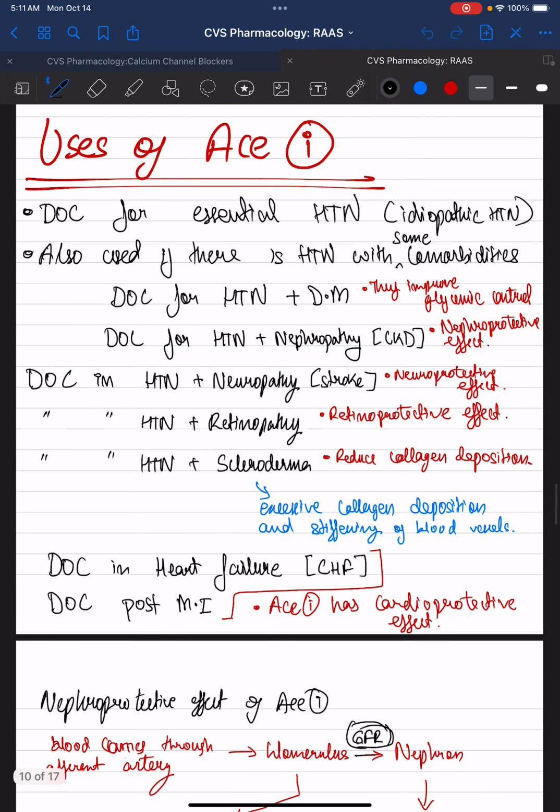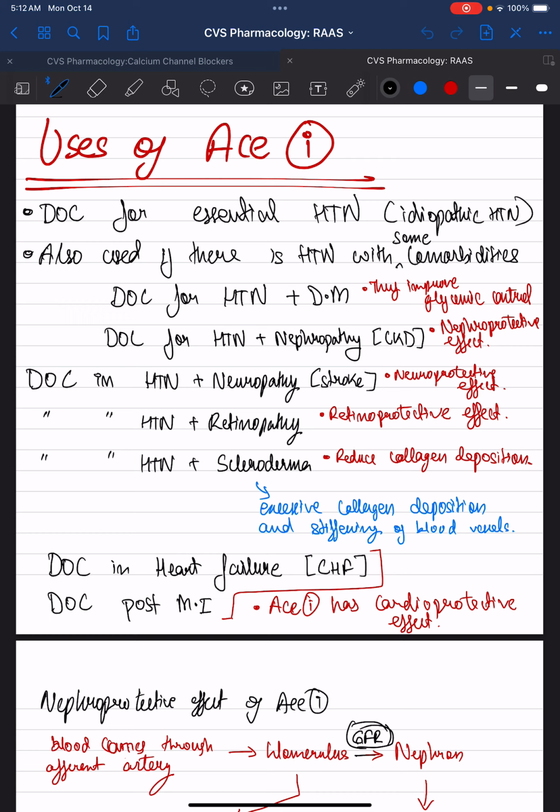So, what are the uses of ACE inhibitors? Before talking about this, we already know ACE inhibitors are good for patients with cardiovascular disease because they prevent cardiac remodeling, or cardiac hypertrophy. Let's study in which places ACE inhibitors are used.